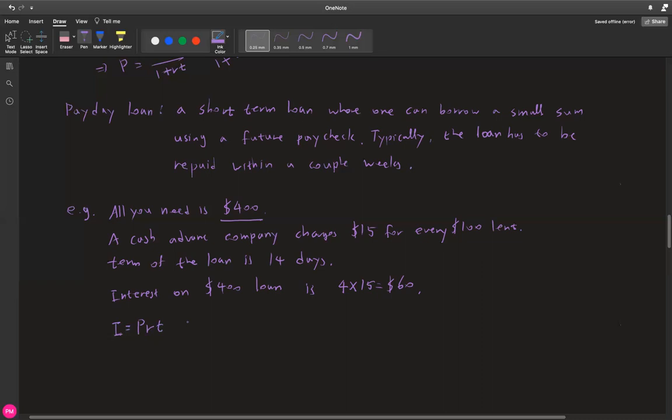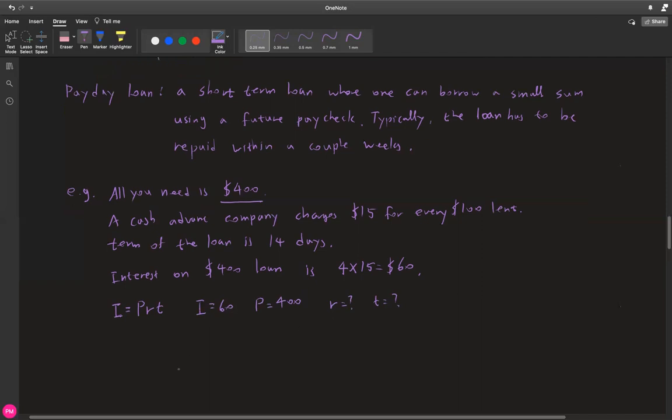Here we already know that the interest is $60, and your borrowing is $400. And you want to find the APR and the term.